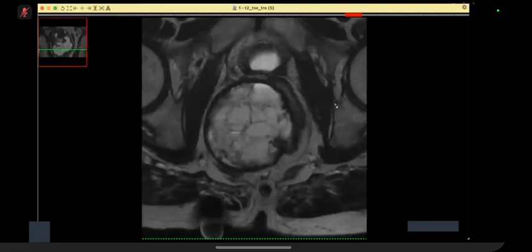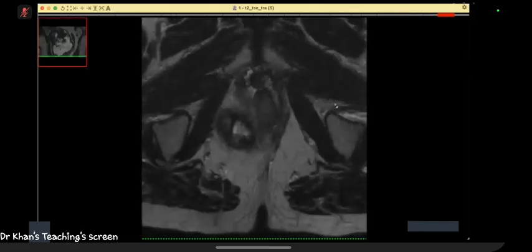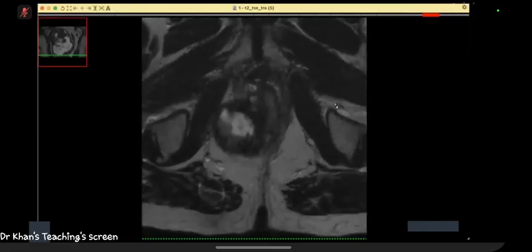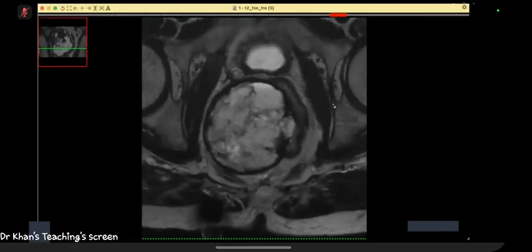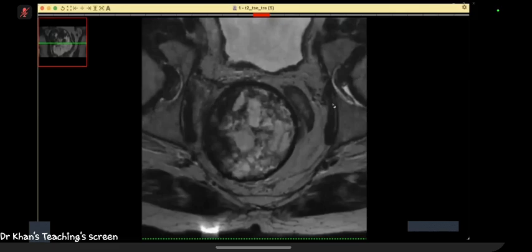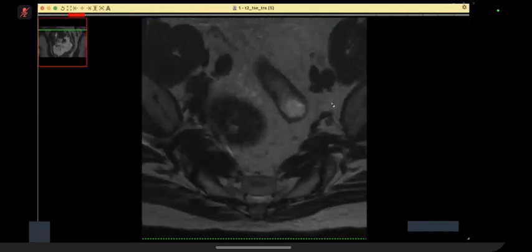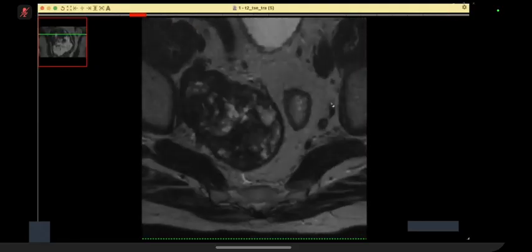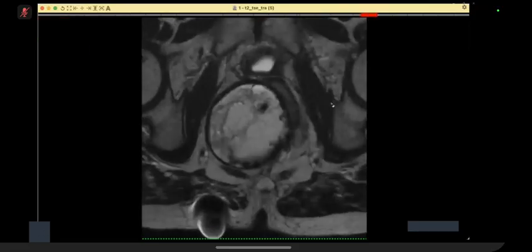I can see this is an MRI. This T2 sequence shows a well-defined, well-circumscribed cystic lesion, showing heterogeneous texture, heterogeneous content.